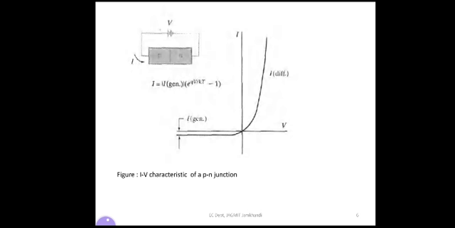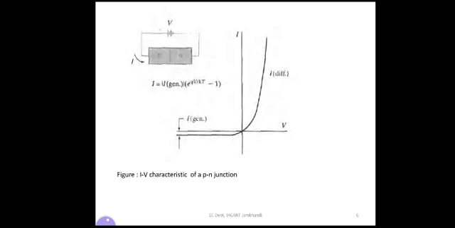Therefore the diffusion current under forward bias is given by its equilibrium value multiplied by exponential of qV divided by kT. Similarly, for reverse bias, the diffusion current is the equilibrium value, which is reduced by the same factor with V equal to minus Vr.